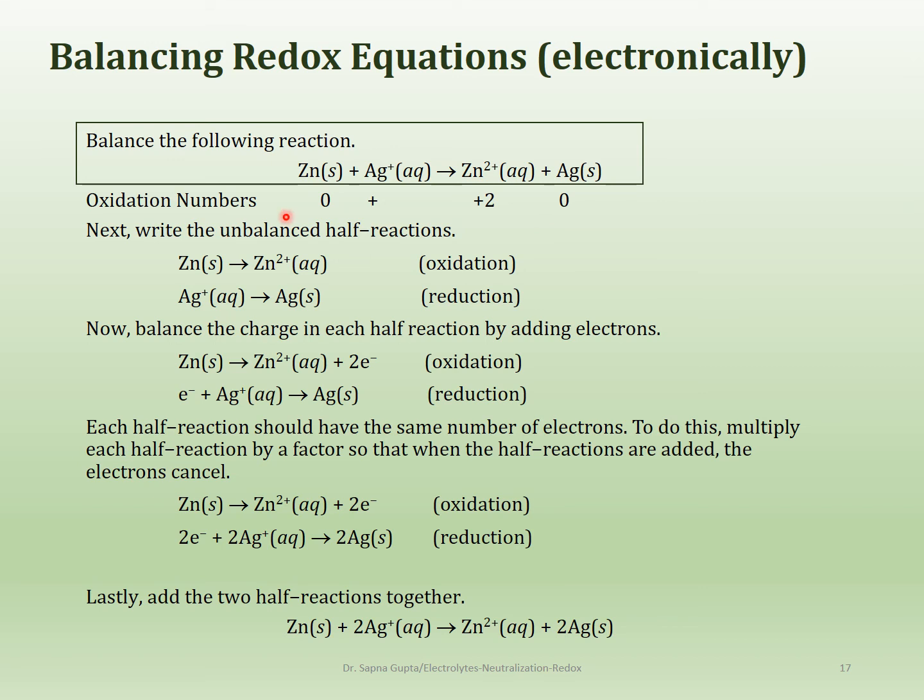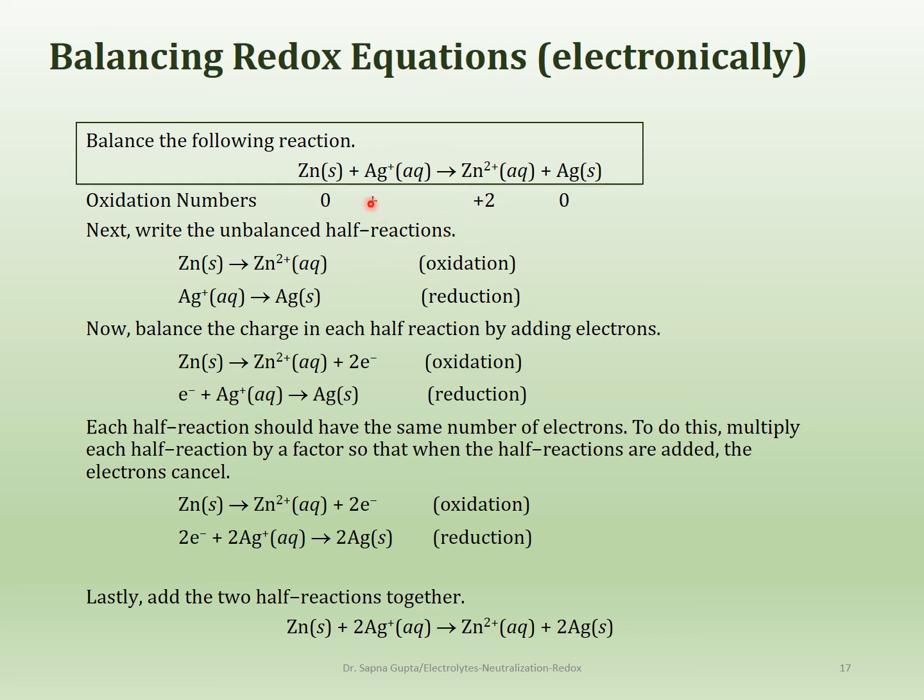So the first thing you have to do for any redox equation is to split it into the oxidation and reduction. So the oxidation numbers: zinc is 0 and silver is +1 as indicated over here. Zinc as indicated here is +2, and then silver here, again in the elemental state, is 0. Zinc is going from 0 to +2. It means it is losing electrons.